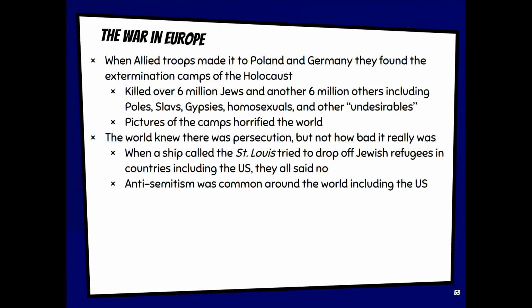This is before America had joined the war. It had a bunch of Jewish refugees trying to flee Germany. They had stopped at multiple countries trying to get people off the ship and to safety, and each country they went to, including the US, said no. Those people were sent back, and I think about half of them were later killed in the Holocaust.